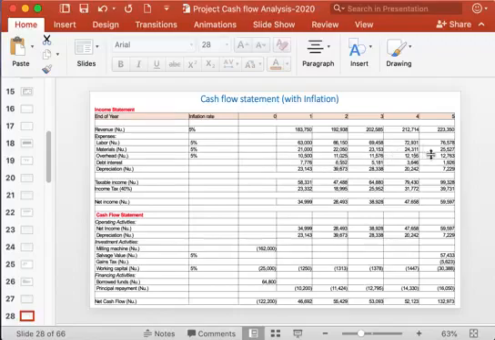Overhead also is increasing by 5% every year. I would like you to try and work out yourself. The interest amount will not be affected, it will remain the same, but because of the change in the values of all this, there will be change in the taxable income, tax and net income.